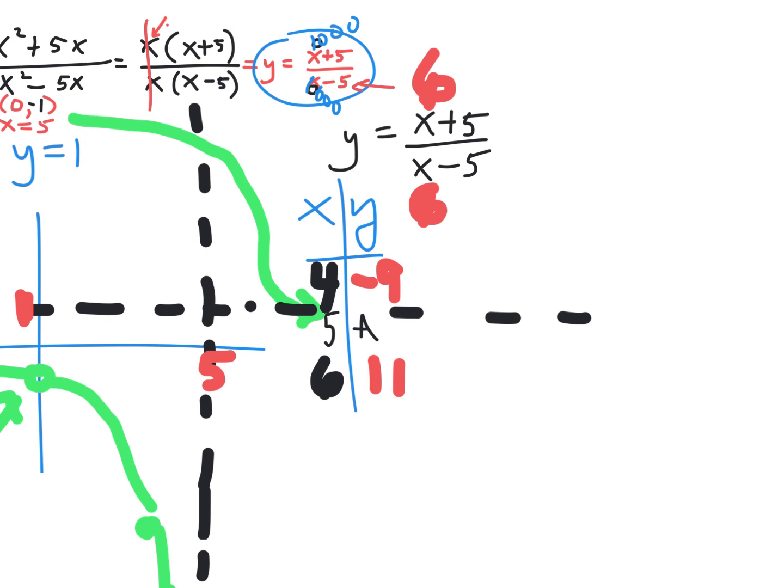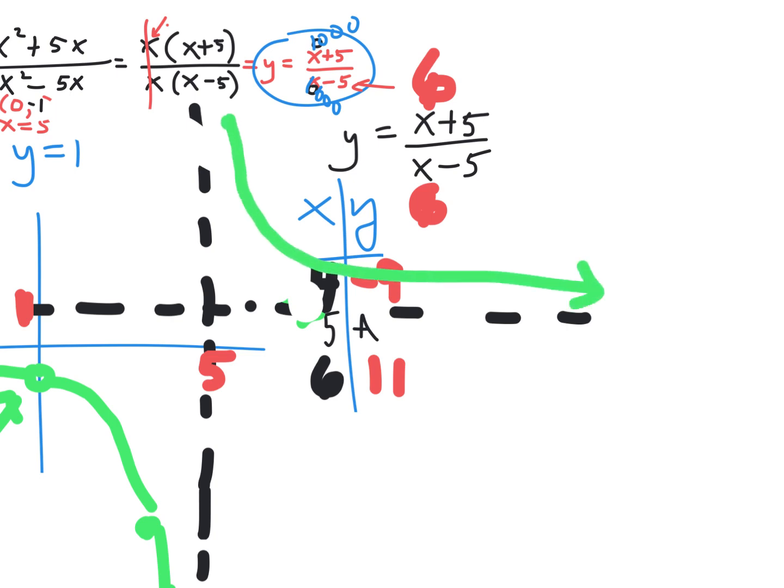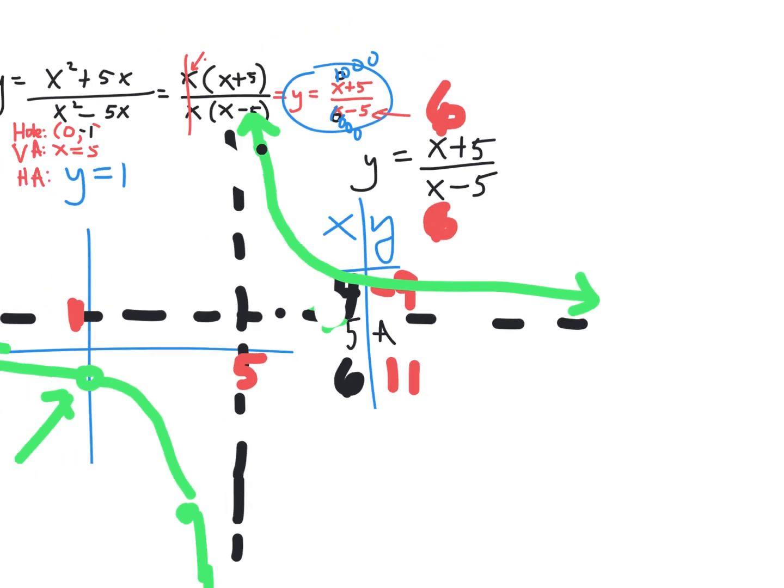Let me erase this line out of here to make room. It's like way up there. I really only need 1 point to get the idea that it's gonna go like that. My one important point being right there-ish. Okay.